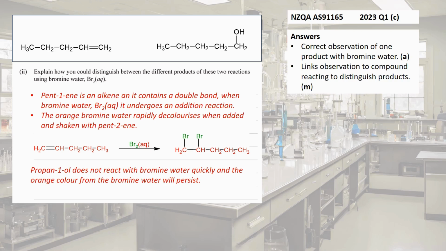If I link the observation to the compound reacting to distinguish the product, so if I talked about the bromine water changing color when we add it to the pent-1-ene because it is undergoing an addition reaction, we're going to get the merit mark here.